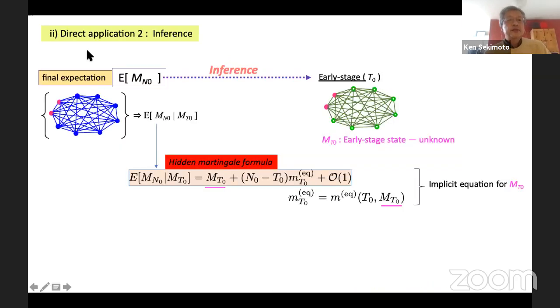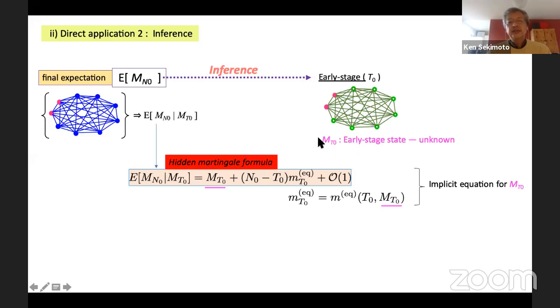The second application is also direct, but it concerns inference. Suppose that we know that the process of progressive quenching has been started by some stage T0, but we don't know what value of the frozen magnetization was at this stage.